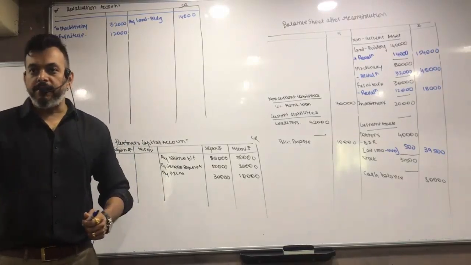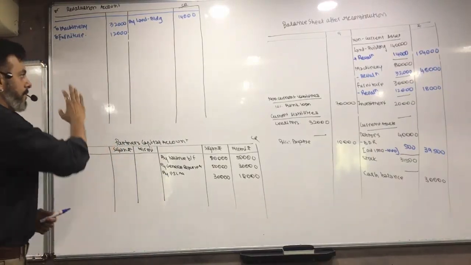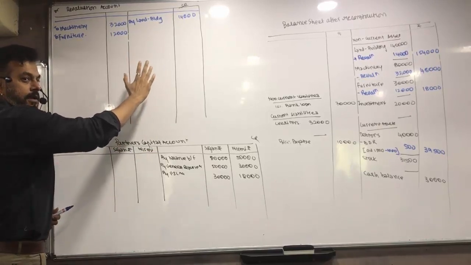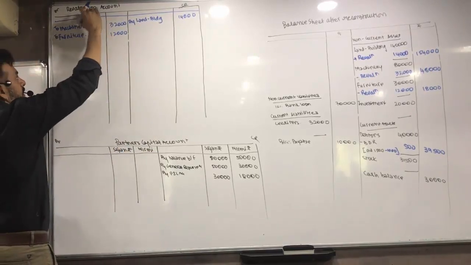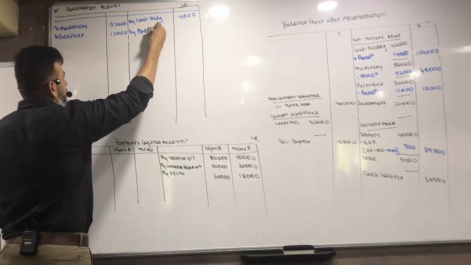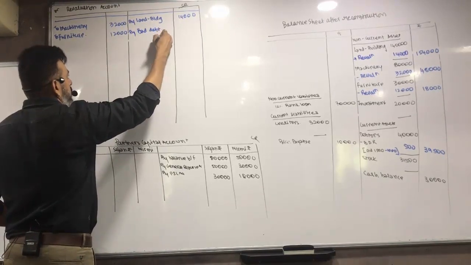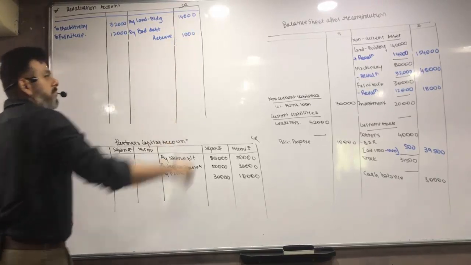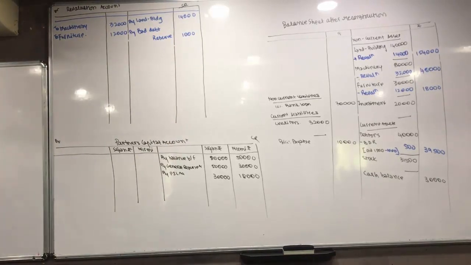When we create bad debt reserve, profit and loss account is debited. When we reverse it, profit and loss account will be credited. Here we don't have profit and loss, but we have revaluation account. So by bad debt reserve 1,000. When we create, it is revaluation to bad debt reserve.